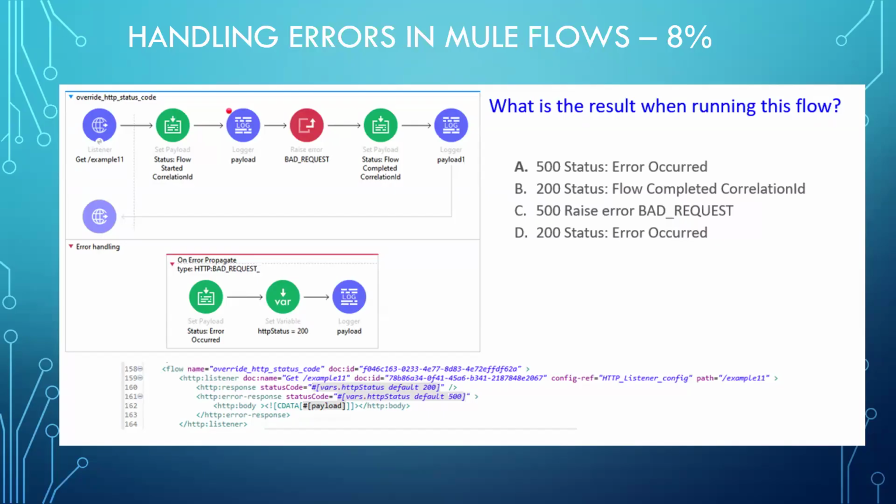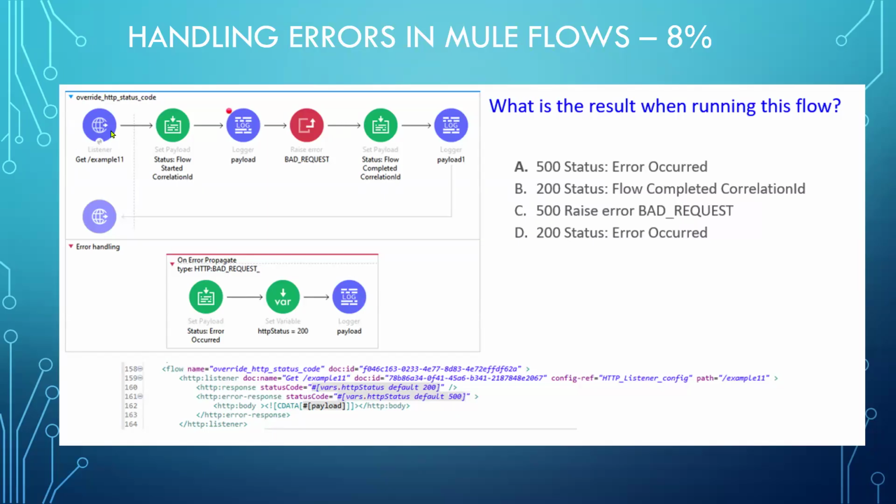Do we know if that listener is set to the default settings or if it's set to customize? We are setting the payload there. So we see the code here for the listener. Watch for this. We know that it is overridden, right?